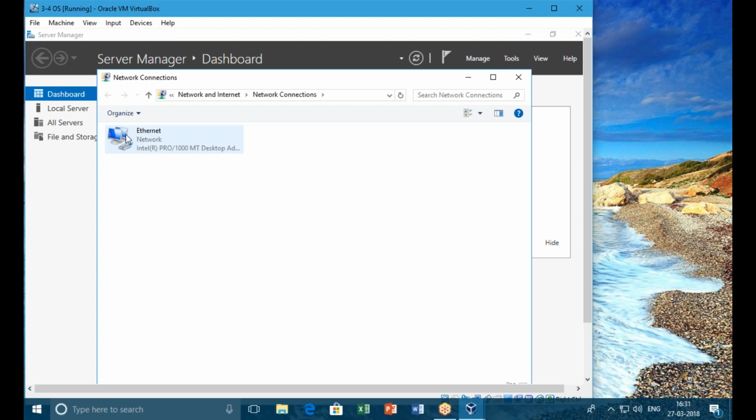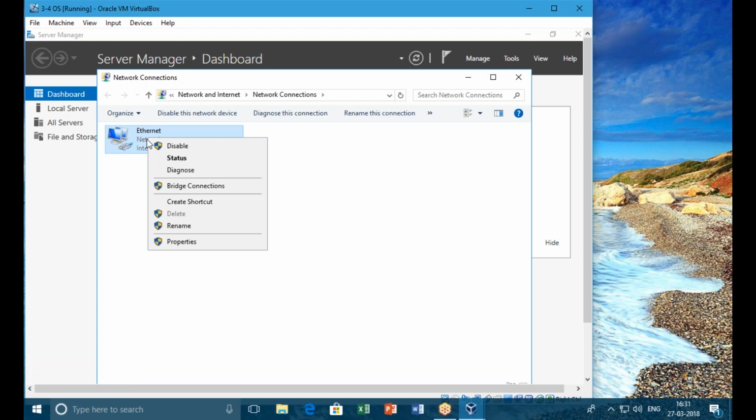If you get this network adapter, it means network drivers are loaded. You need to right click on this network adapter, click on properties. We have to select TCP IPv4 and then again click on properties.